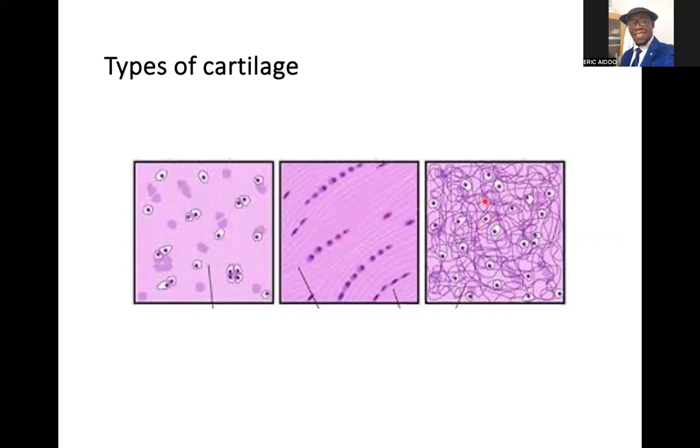Then here is like a mesh, intertwined. If you have a lot of rubber bands and you just pour them on the table, you are going to have something like that. That tells you that there's some elasticity within it. So that is the elastic type of cartilage.